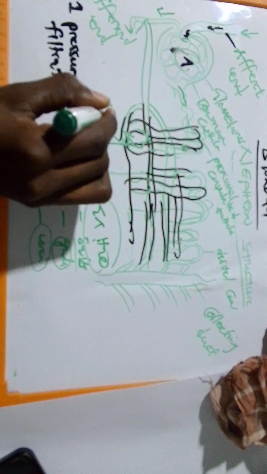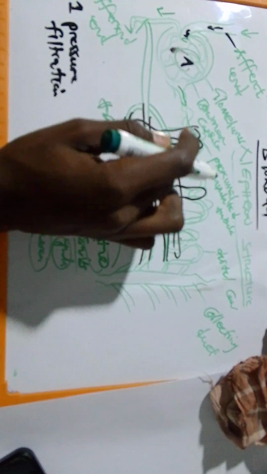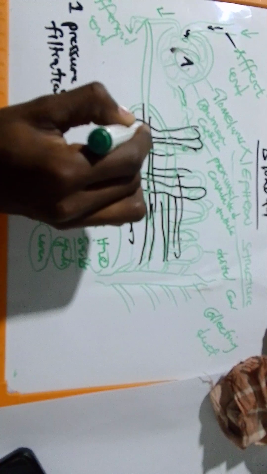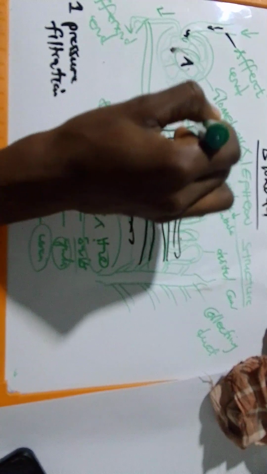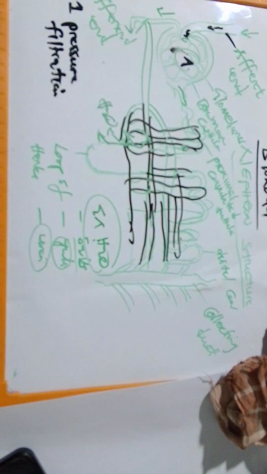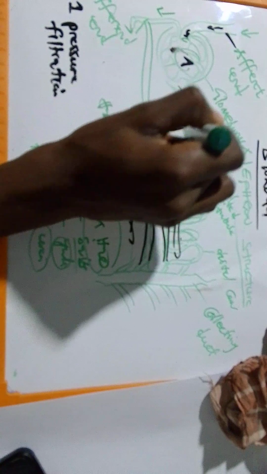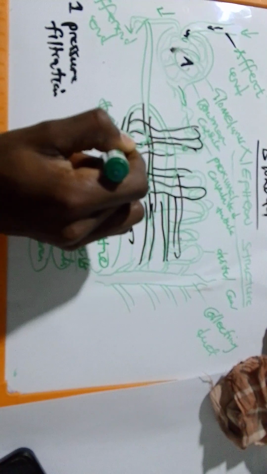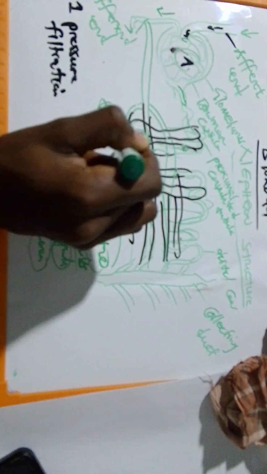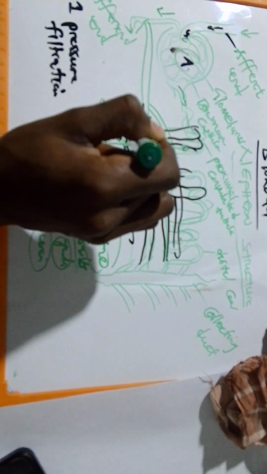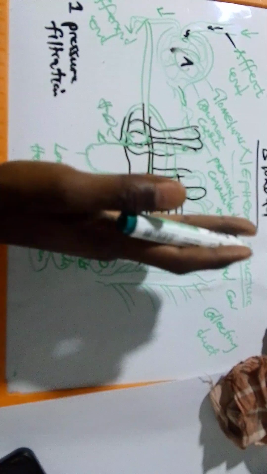So water at this point will be taken out by the process of osmosis from the same proximal convoluted tube. So water will be excreted out, hence the solution which is coming to the loop of Henle here is more salty because water is excreted out.